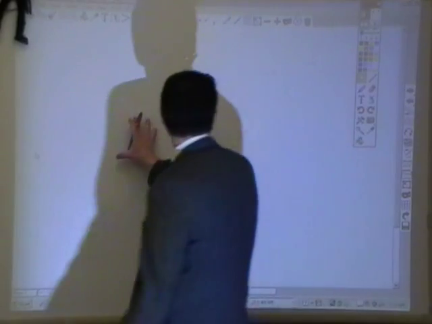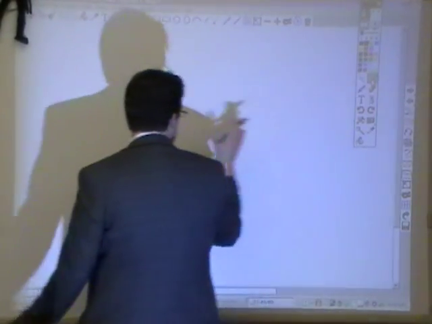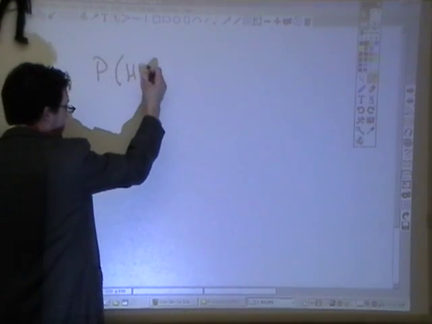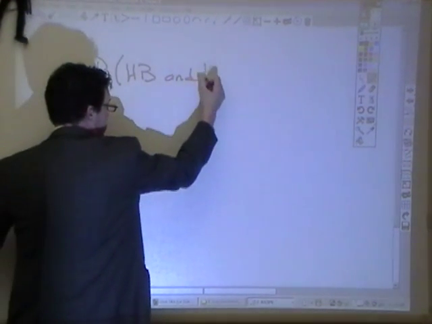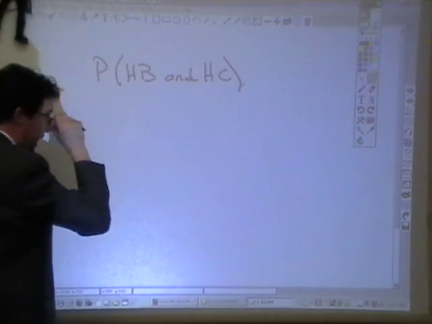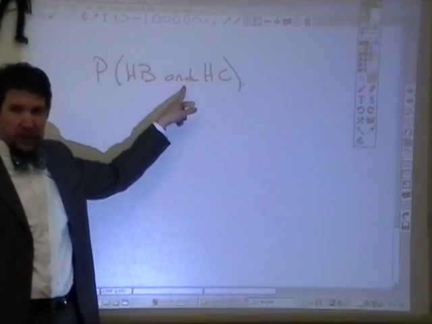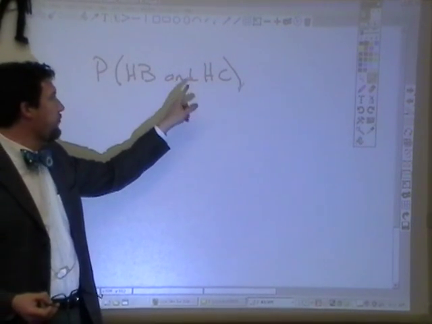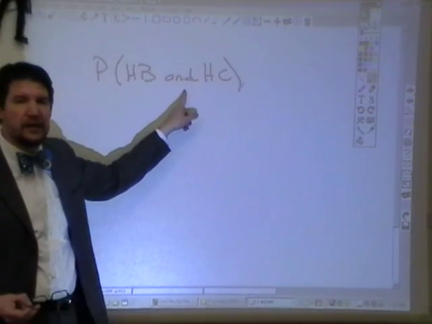Now, as we think about this, the probability that a man has both conditions would be the probability the man has high blood pressure and has high cholesterol. And as we think about it, if we see the word and, the very first thing we need to ask ourselves is, how many events do we have here?